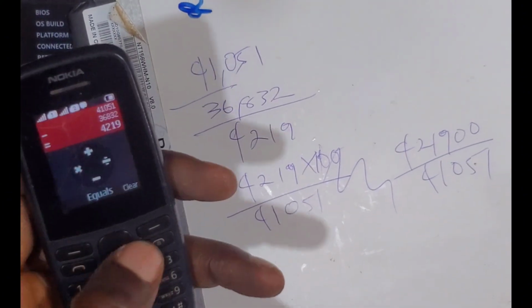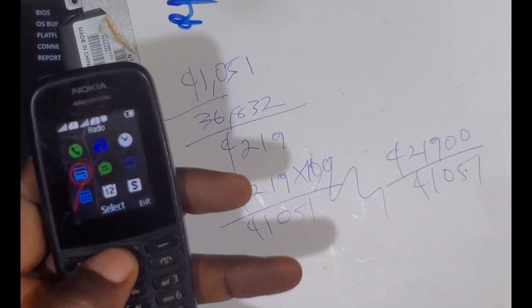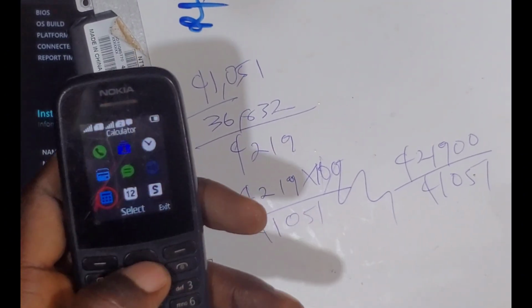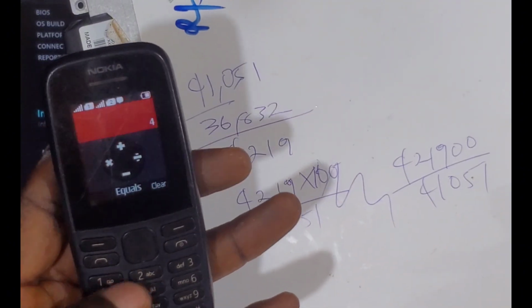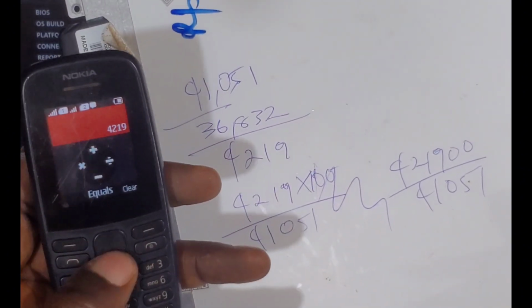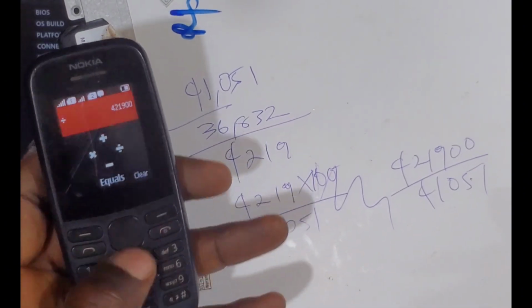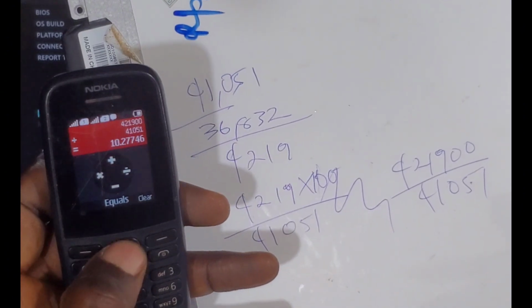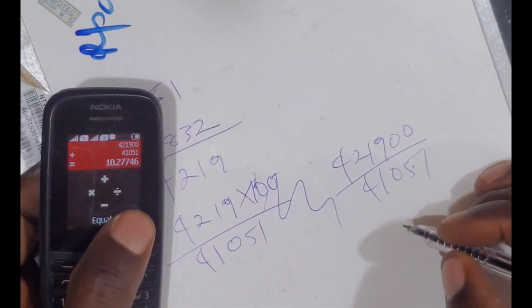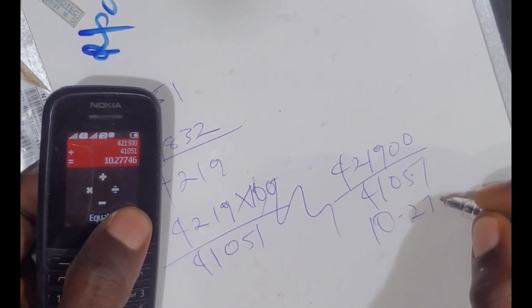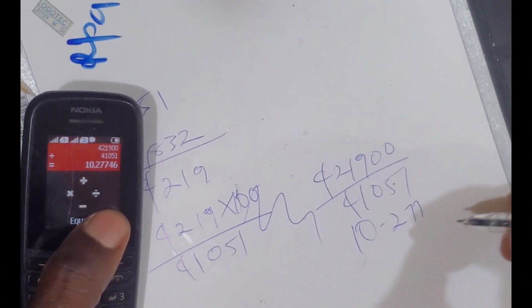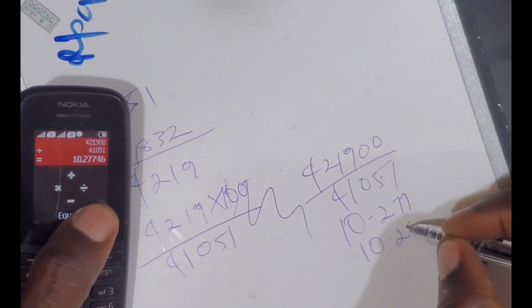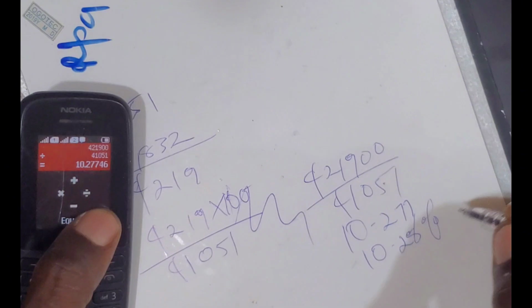So what will it give? 421,900 divided by 41,051. Basically this is 10.277. Yeah, let's say approximately 10.28 percent.